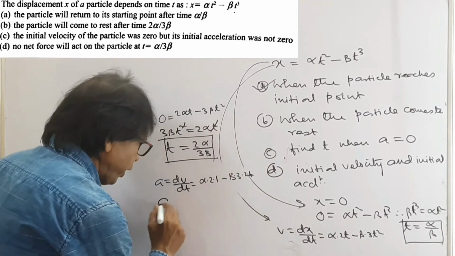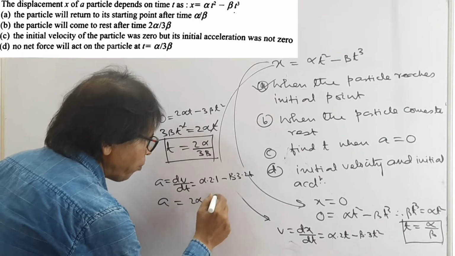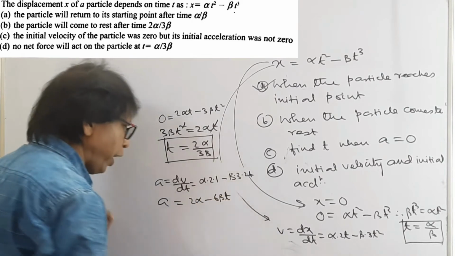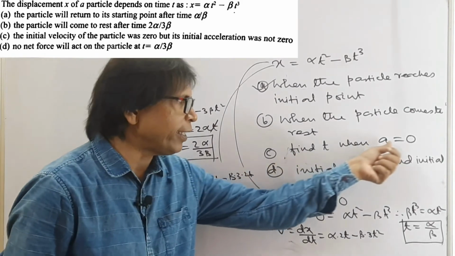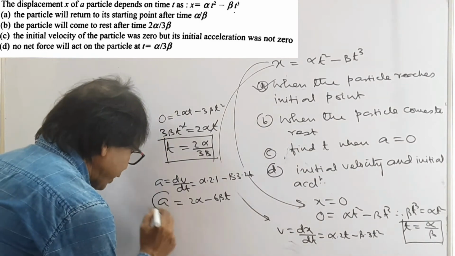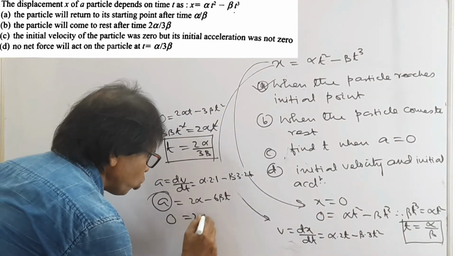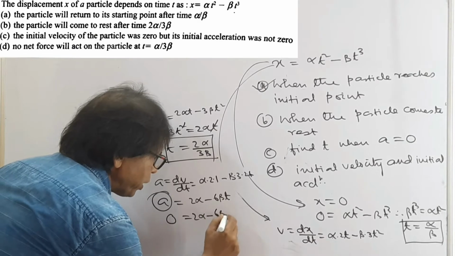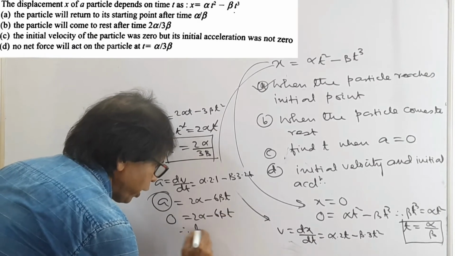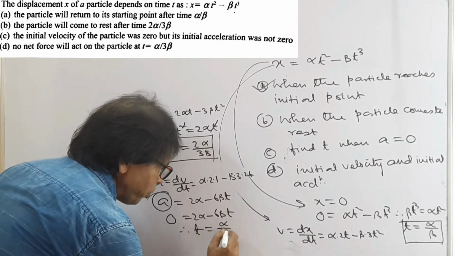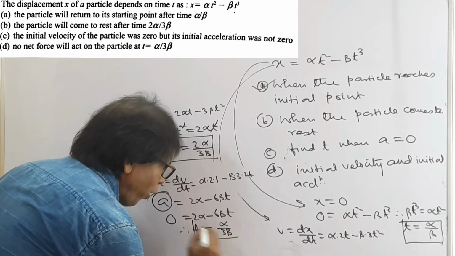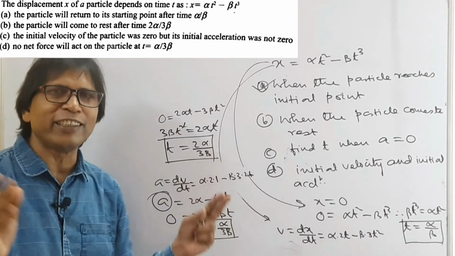So a equals 2 alpha minus 6 beta t. Okay. Find t when acceleration is 0. So 0 equals 2 alpha minus 6 beta into t. Therefore t equals alpha by 3 beta is the time when acceleration becomes 0.